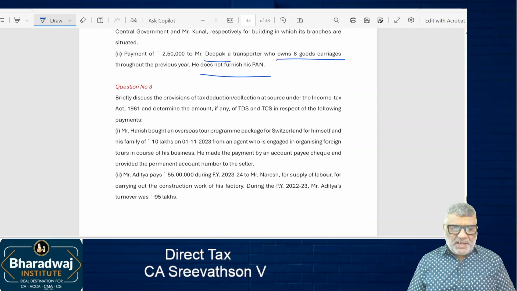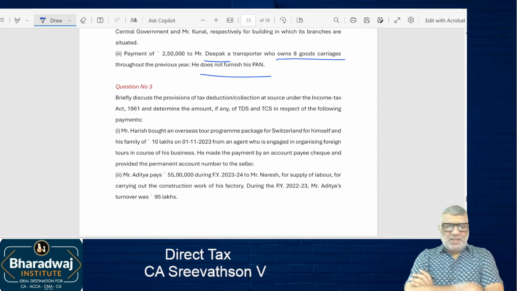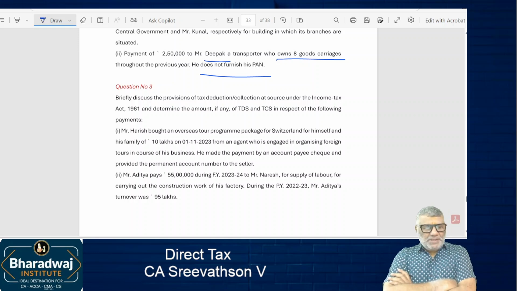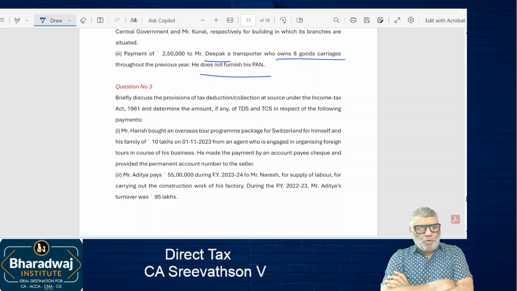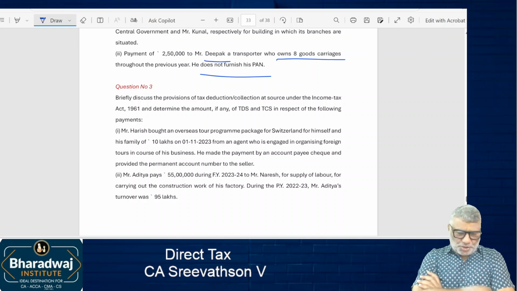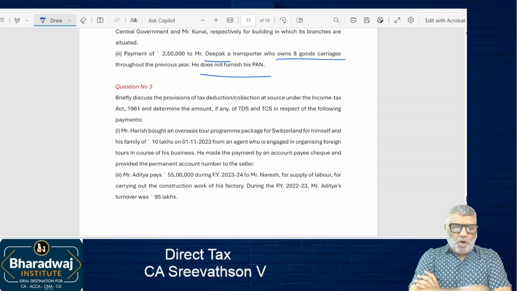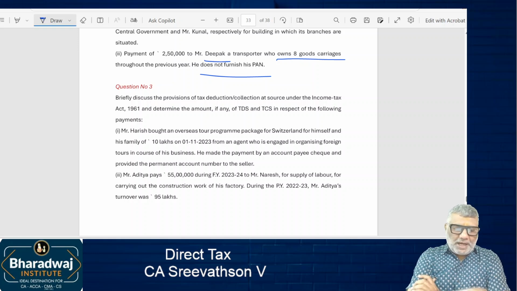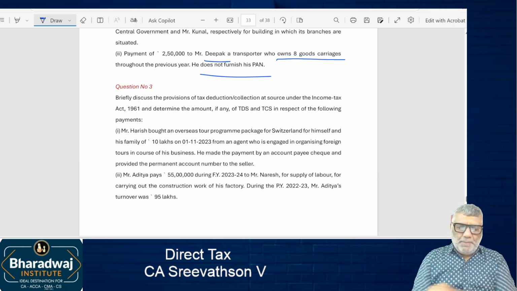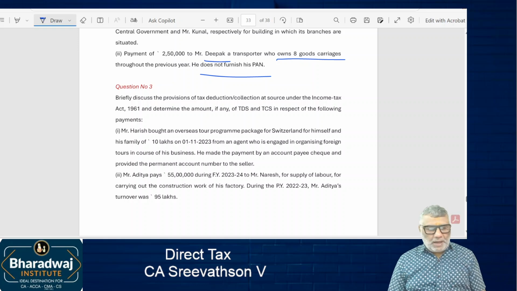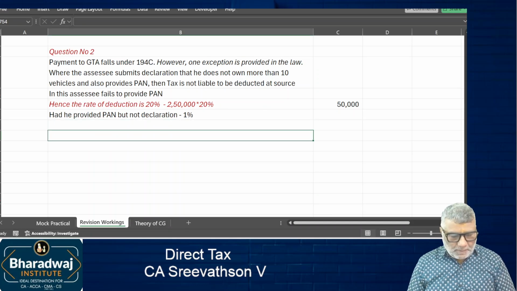Briefly discuss the TDS, TCS under the Income Tax Act. Mr. Harish purchased an overseas tour package for Switzerland for himself and his family for 10 lakhs from an agent who is engaged in organizing foreign tours. He made the payment by account payee cheque and provided PAN to the seller.